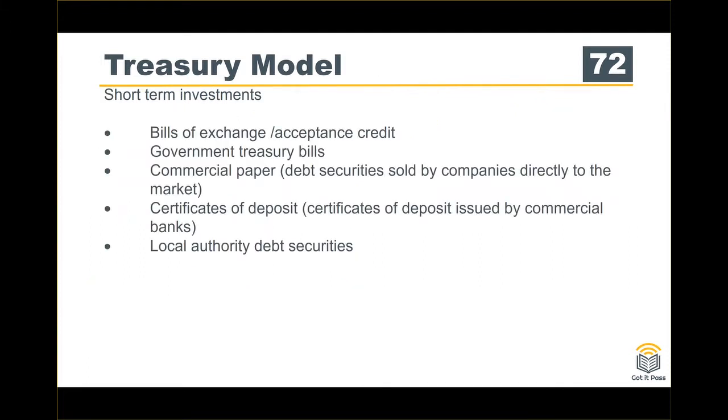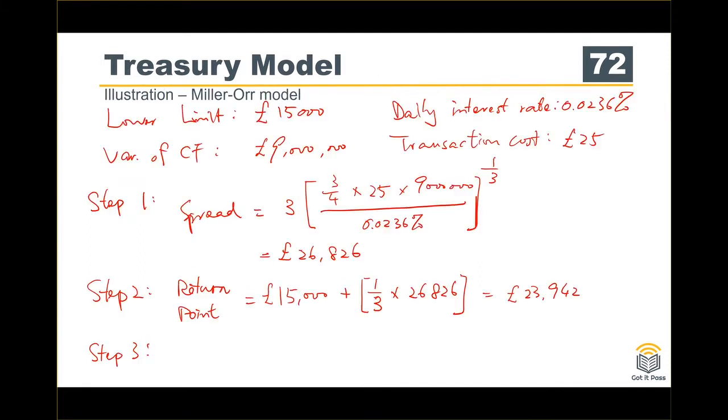For the third step is to get the upper limit, which is the lower limit plus the spread.